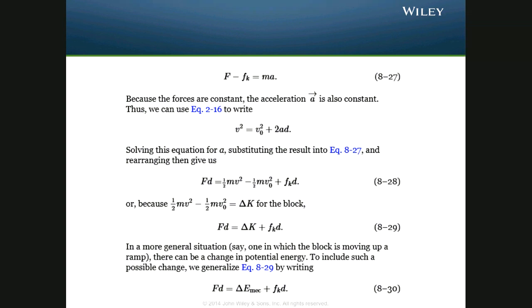If we add friction to the mix, there might be this external force minus the friction, and of course that equals ma, and we can revise a lot of our expression for work.